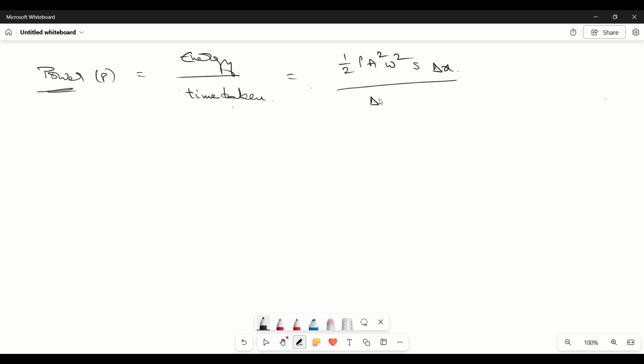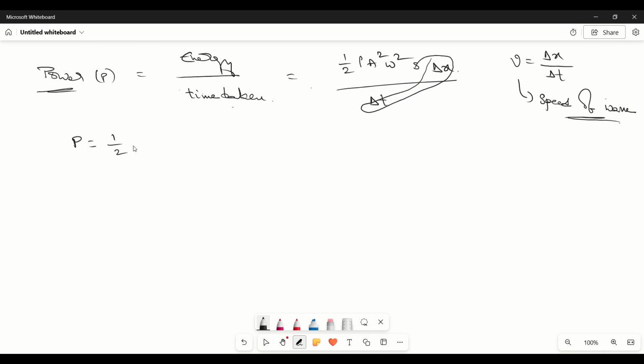So the power is given as half rho a square omega square into S into v, where v is the speed. Now we have to represent the intensity of a wave. Intensity of the wave is given as I equal to power per unit area.